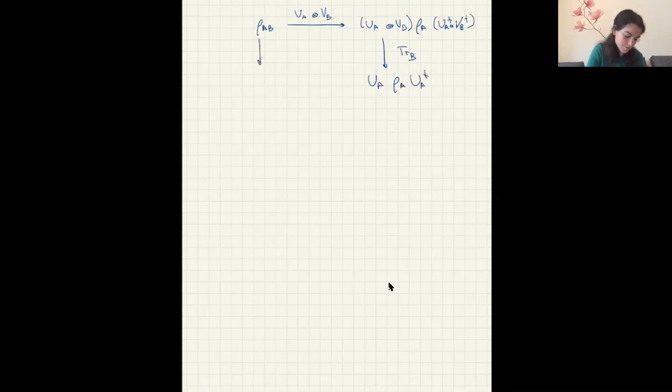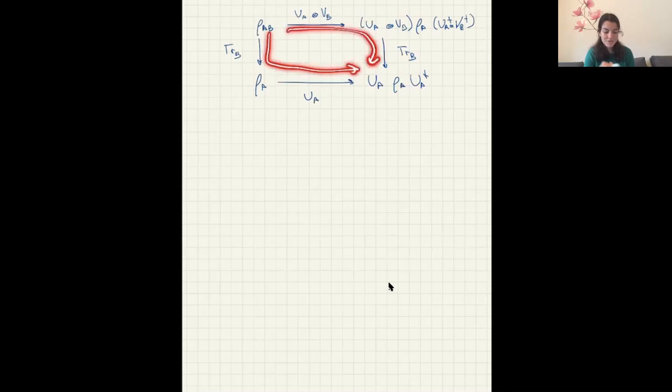Or you can do the simplest thing of taking the partial trace first, you get just rho A here, and then you just evolve it with UA and end up in the same solution, right? So this diagram is commutative.